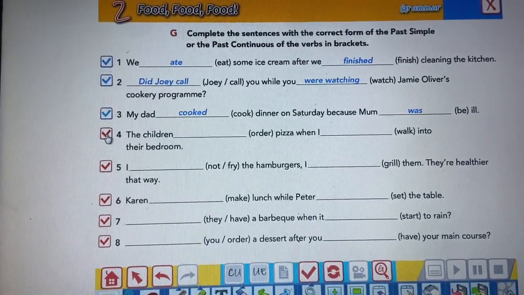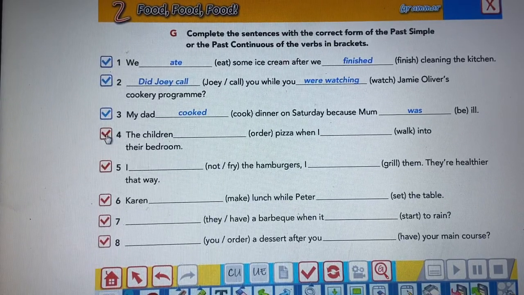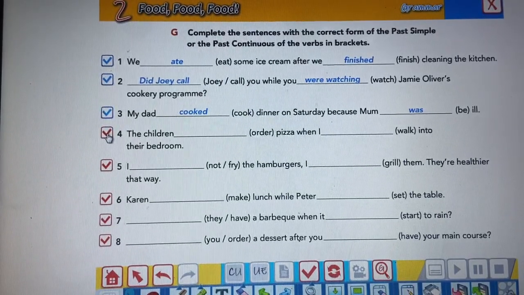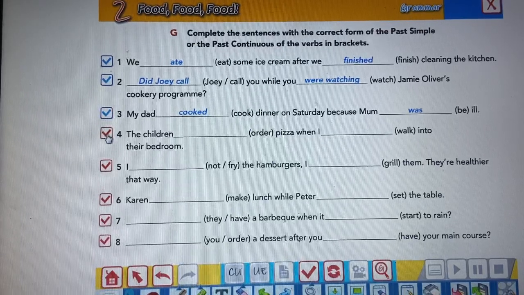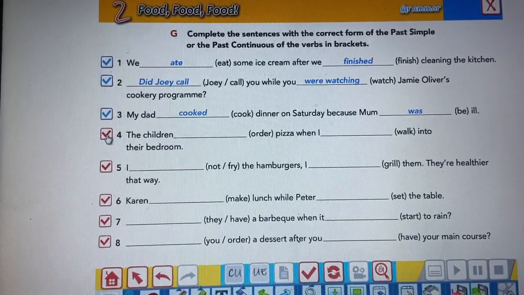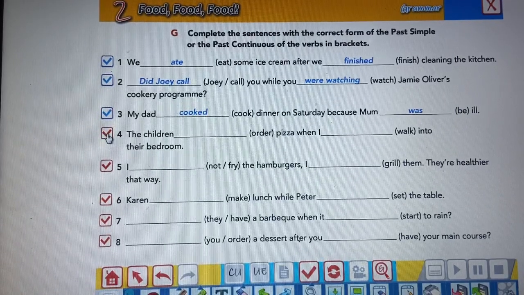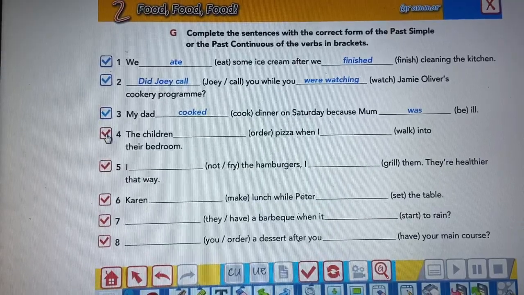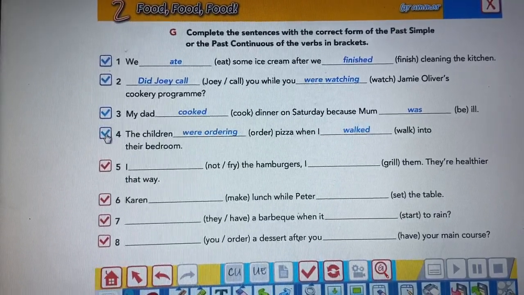So number 4, the children order pizza when I walk into their bedroom. We have the time expression when, and when should be followed with the past simple form of the verb. So, in the first part we use the past continuous. The children were ordering pizza when I walked into their bedroom.